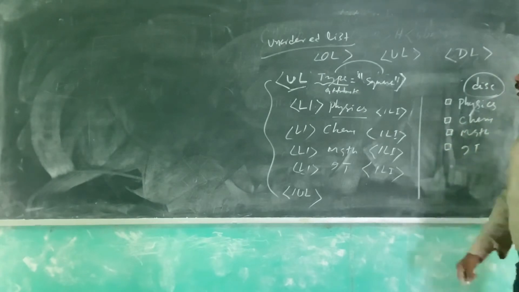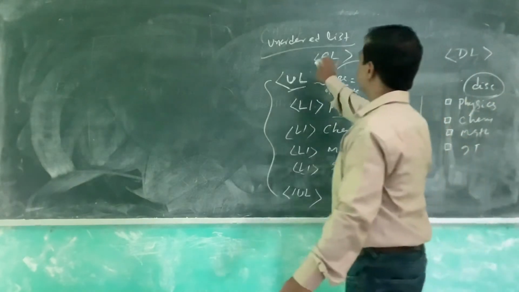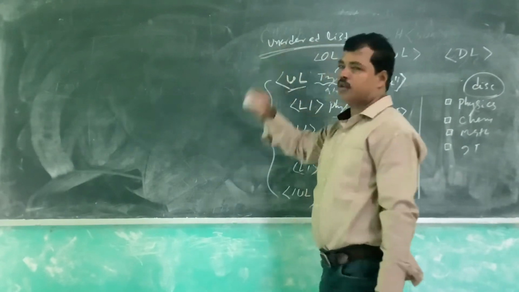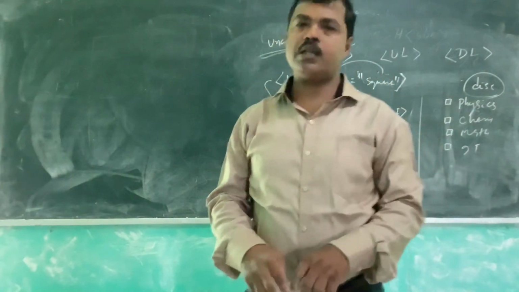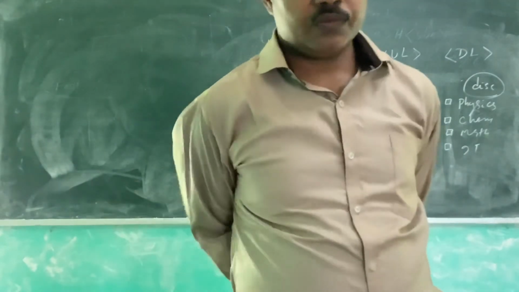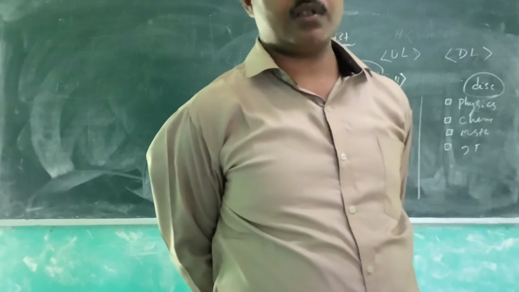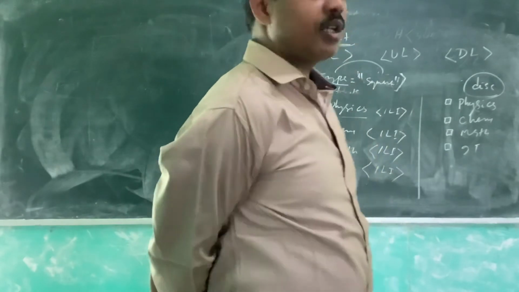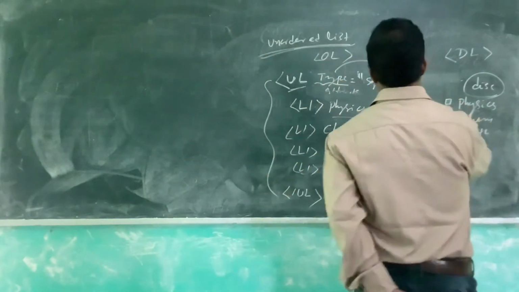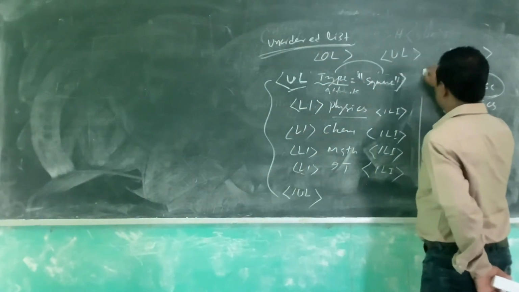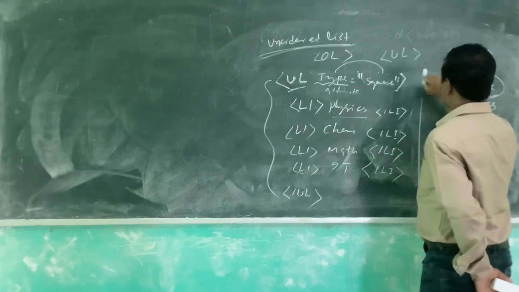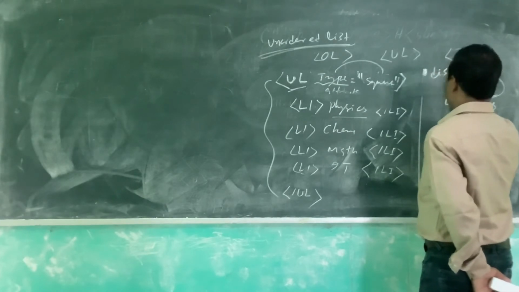So this is all about the unordered list, to give bulleted list to the items, and the default bulleted icon or type is this. This is known as the filled circle.